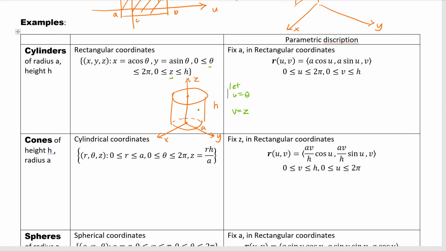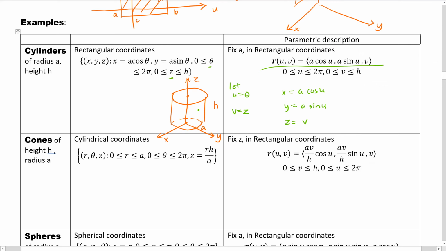Then x becomes a cosine u, y becomes a sine u, and z becomes v. So this is r of u, v, our new parameterization. So far, so good, everybody?